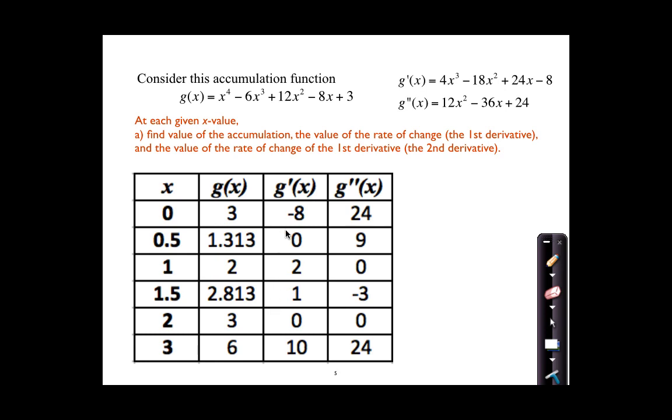So g prime of x, once we hit this minimum, I can see that it has a positive derivative value. So that's going upward at a rate of 2 y's per x, but then going upward more slowly, and then kind of pausing before, by the time I get to 2, which we did skip over a whole unit here, by the time I get to 3, it's going upward very quickly.